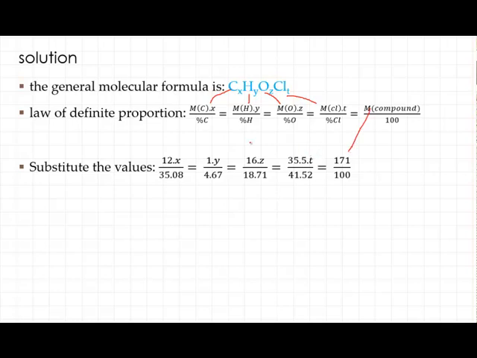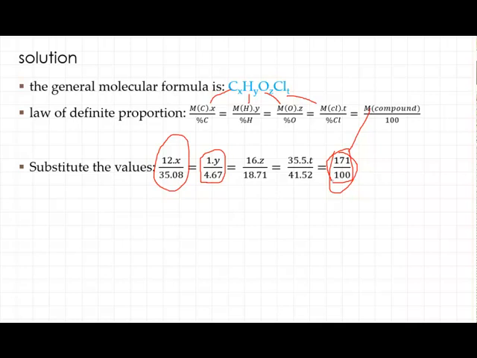So by using these ratios, we take the first ratio equal to the last ratio to find the value of X. In the same way, we take the ratio of hydrogen that contains Y with the last one to find Y. In the same way, we find the values of Z and T.